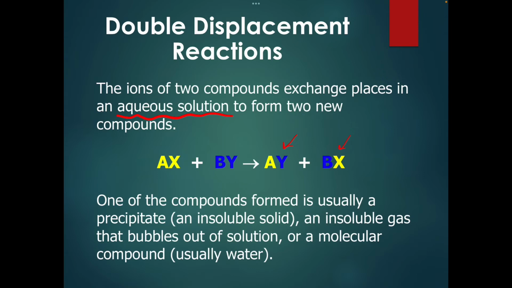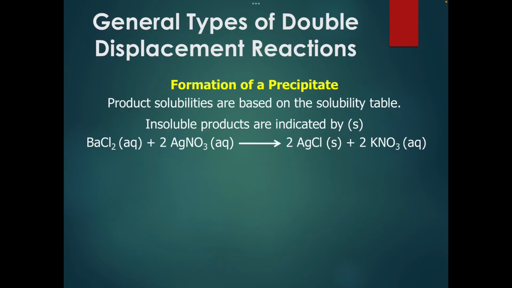Sometimes one of these is an insoluble gas that bubbles out of solution, normally something like hydrogen or sometimes carbon dioxide. Or it can be a molecular compound that's formed, and in this class, usually that's going to be water.